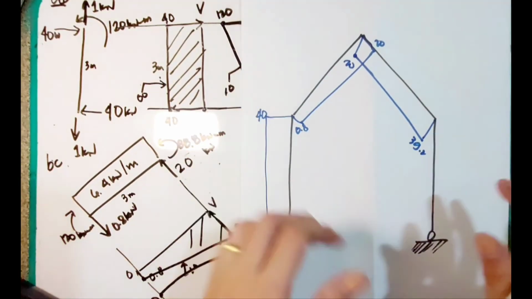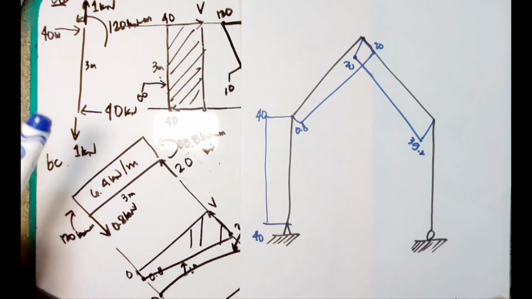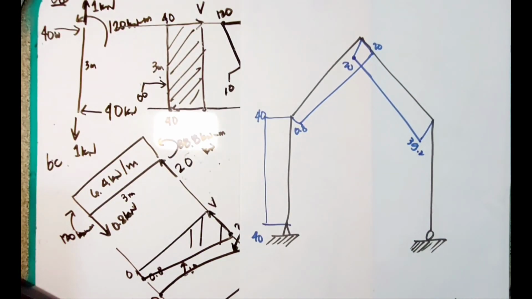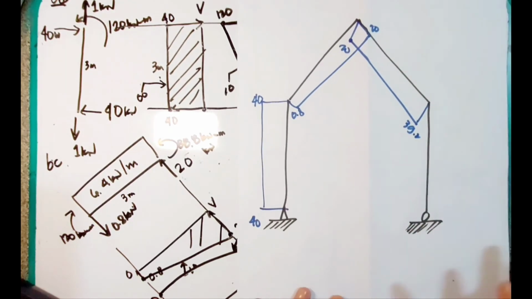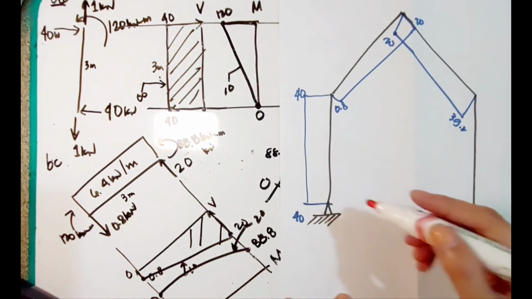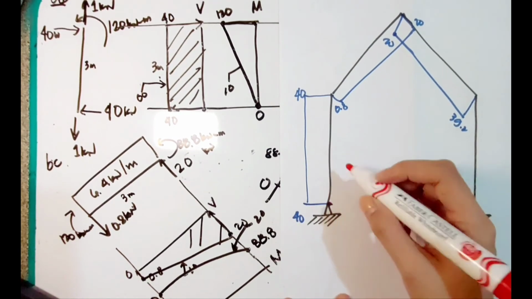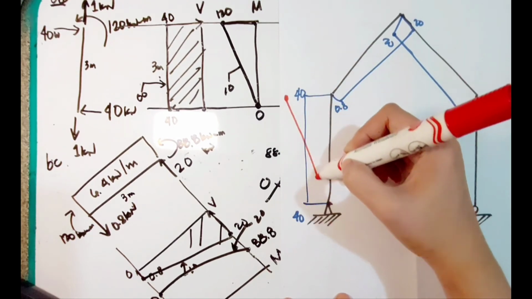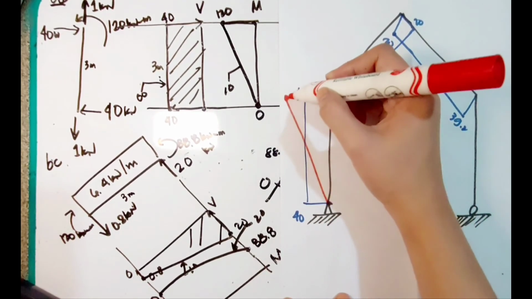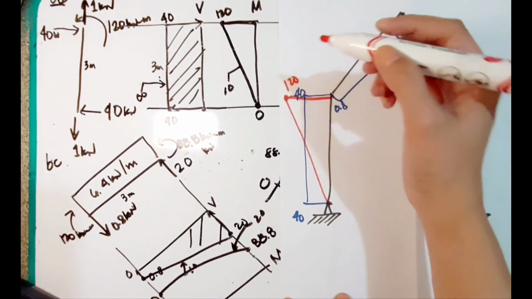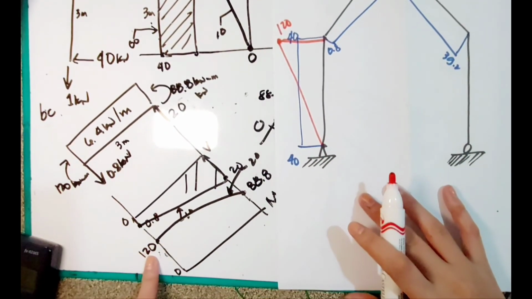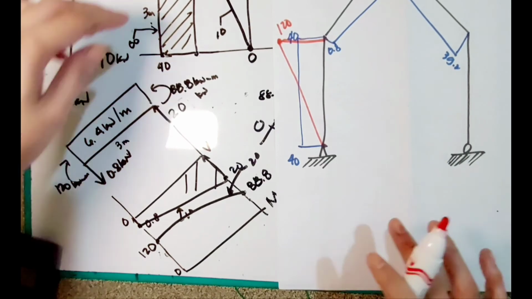Okay, at the end. Next, let's do the moment. The blue color is shear. The red is our moment. But the most important here is the moment diagram. Even just graph that. Okay, so from this point, 0, it rises by 120. So, this is your 120. Next, your moment, we have 120 and then 88.